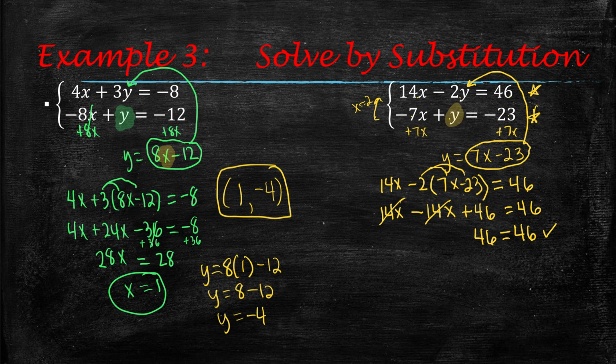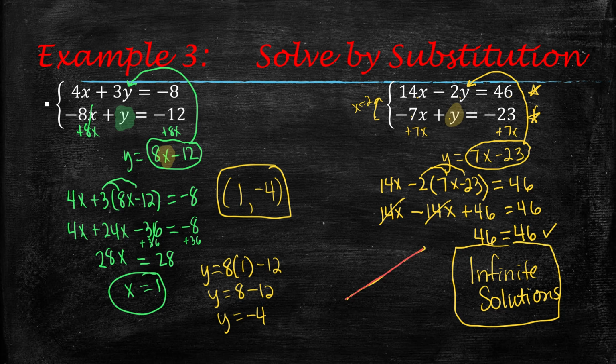So that means that they're the same equation, which when I graph them, they would end up right on top of each other. Okay, so this is what we call infinite solutions. Everywhere that they cross is a solution. Well, it's going to cross everywhere because they're the same line.